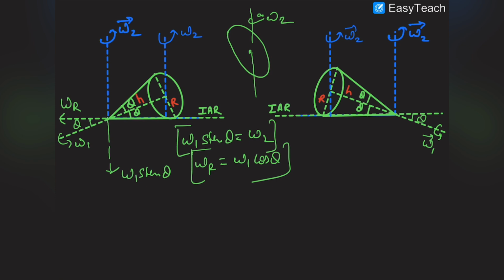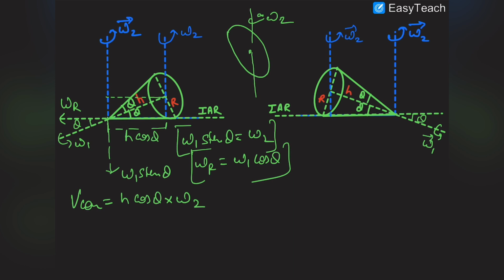And you can see that again we are attempting to find the VCOM by all three methods. So let us suppose that its center is moving with the velocity of VCOM. So VCOM can be written by this axis, this one. You can see that this distance is h cos theta. So we can write that VCOM is h cos theta into omega, this omega 2.